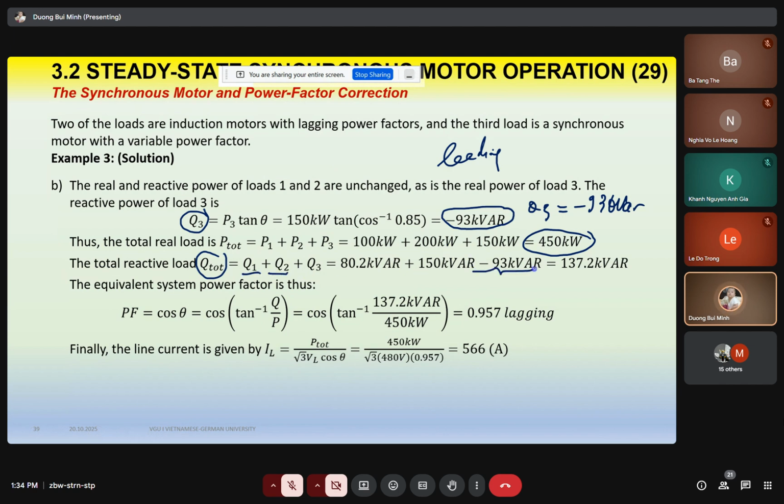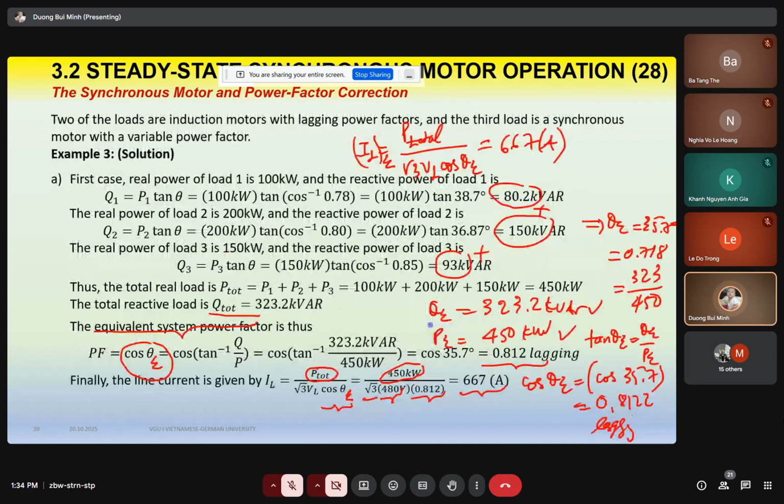Here Q3 is negative, so you get 137.2, and then we calculate the power factor. Equivalent power factor is 0.957. And then you can get line current. That's 566.